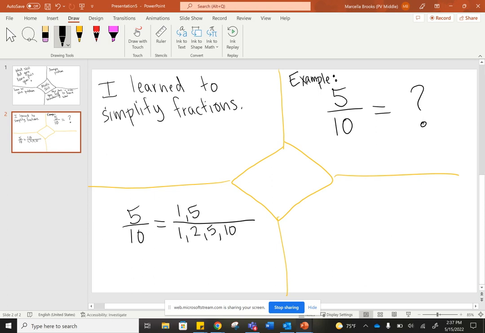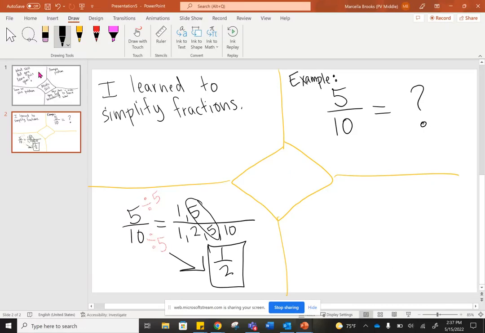They share a 1 and a 5. So that means I'm going to divide both top and bottom by 5. Divide by 5. Divide by 5. And that is going to give me 1/2. Okay? So try and make it look nicer than that. I'm just going through this quickly.